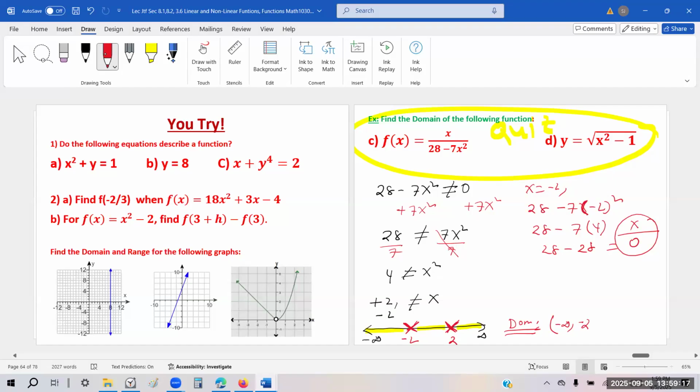We cannot substitute, so what to use for the boundary? Parenthesis, because we cannot use -2. Good. The next one: -2, because we have everything in between them.